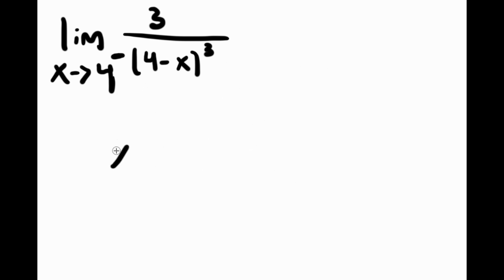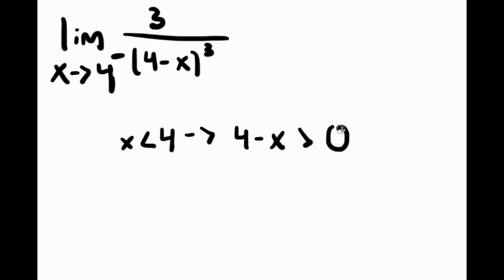So basically we could write this out right here as x is less than 4. We could turn that into 4 minus x is greater than 0. And then we could just turn that into 4 minus x cubed is greater than 0.